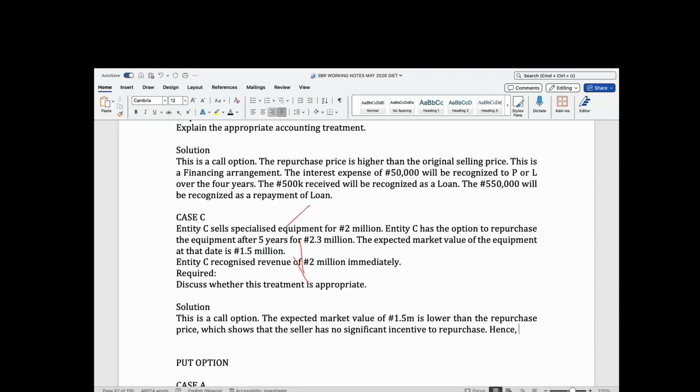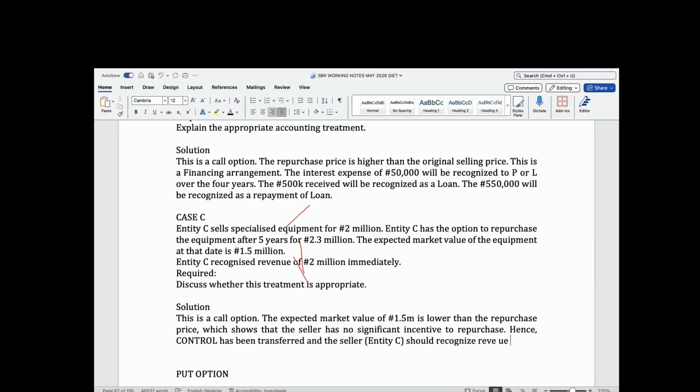Hence, control has been transferred, and the seller, who is entity C, should recognize revenue of 2 million.